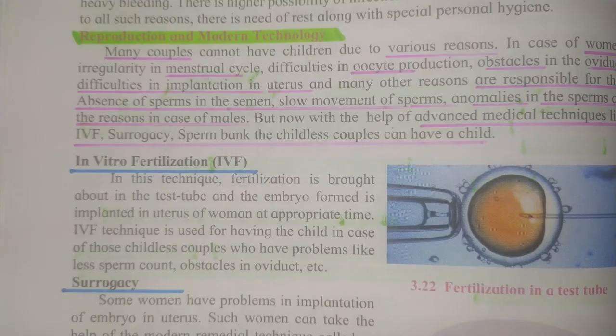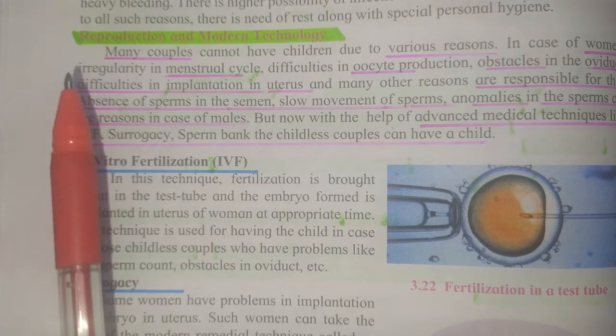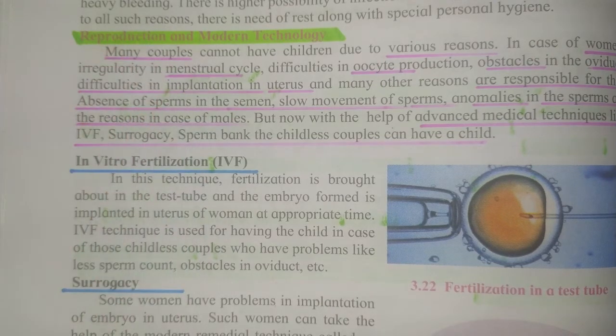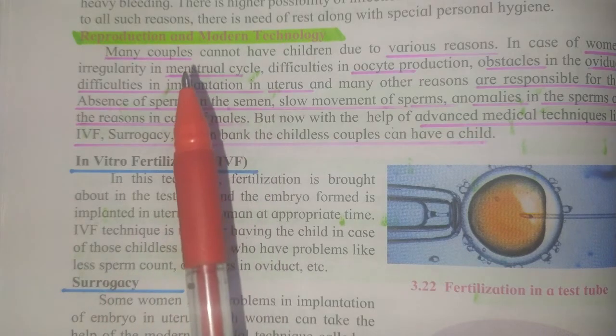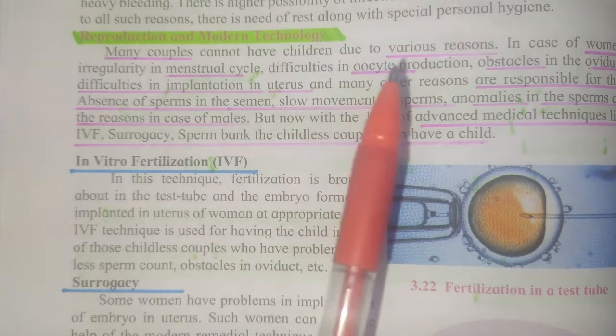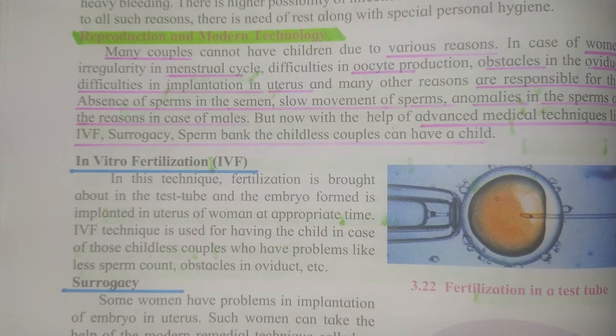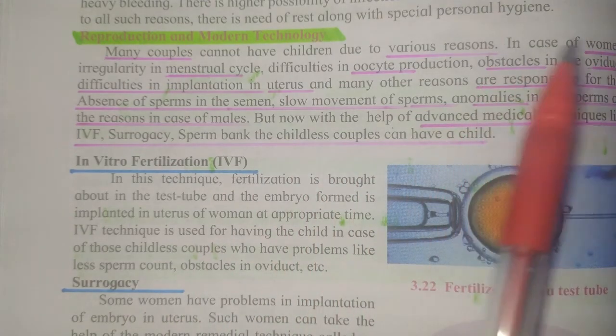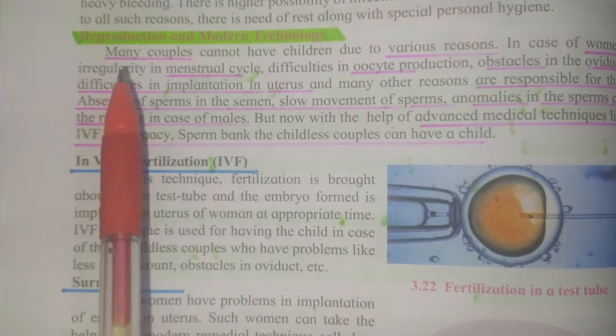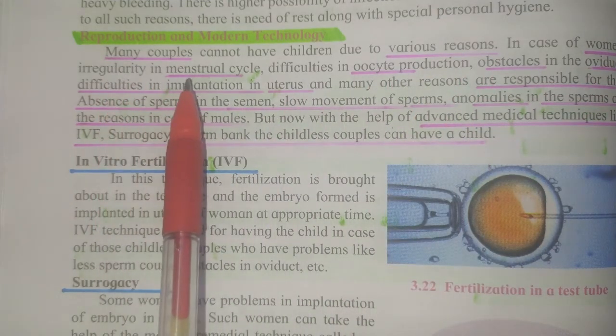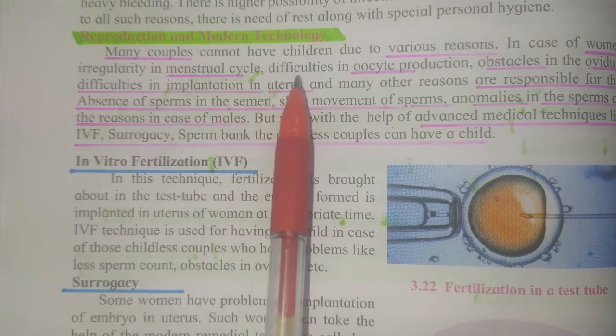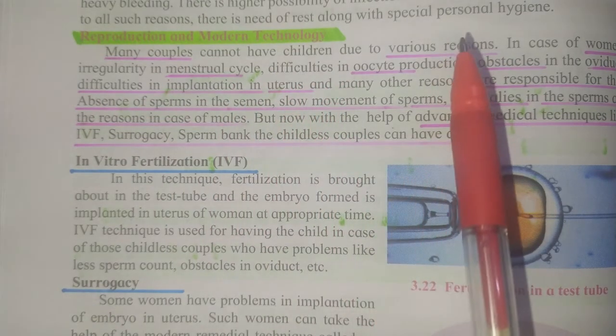So our article is reproduction and modern technology. Many couples cannot have children due to various reasons. Now we'll see those reasons. First of all, in case of women, the reasons are irregularity in menstrual cycle, difficulty in oocyte production.